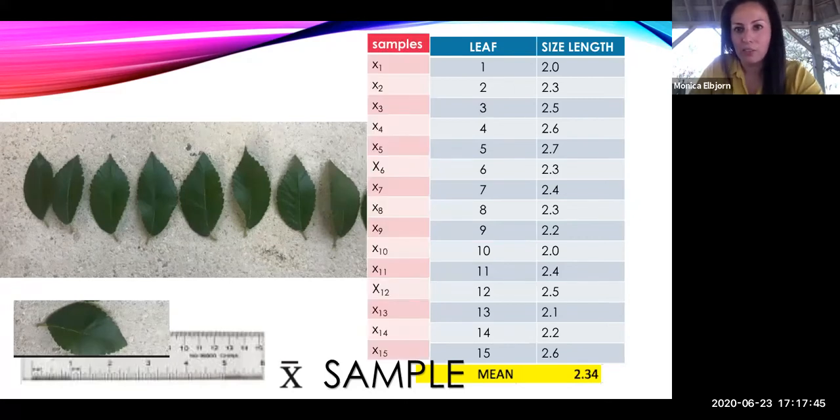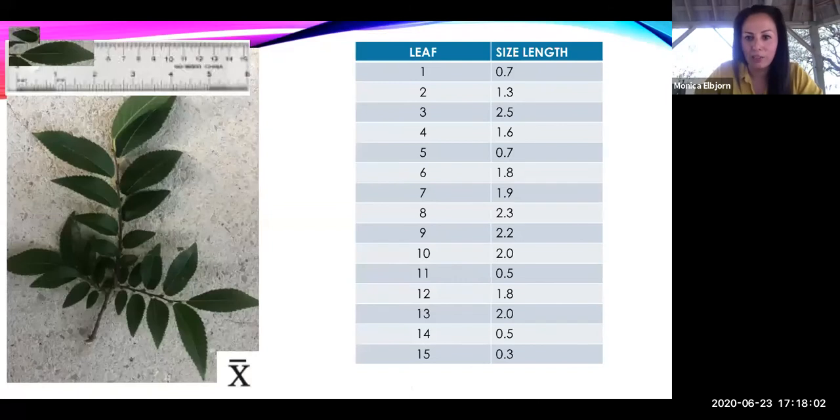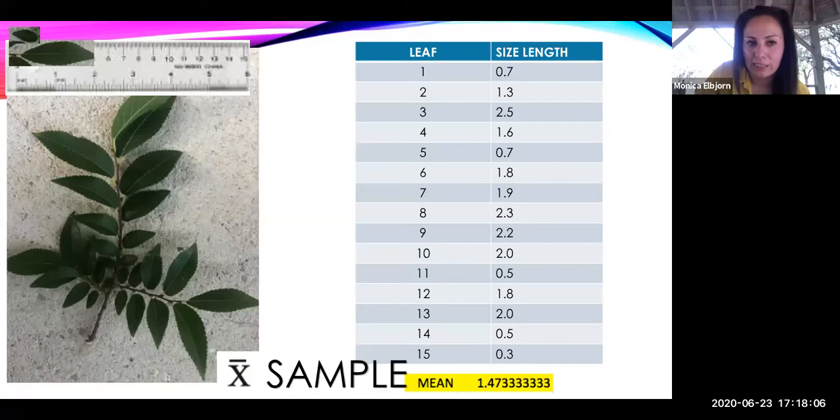Then your variables: you see you have x1, x2, x3, x4. This is all your sample data. If you average those, you get x bar. So your x bar is the average of all your x's. It's the same with this one, but the mean will be different because it's more random.